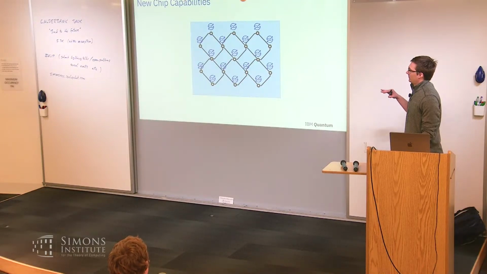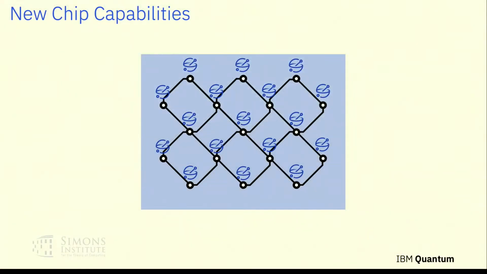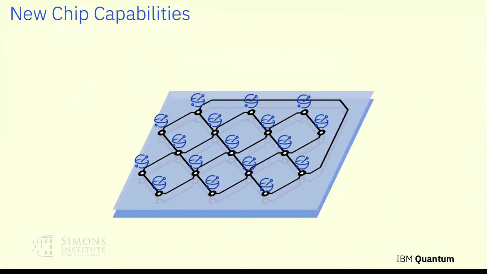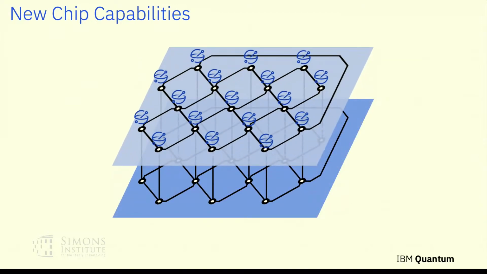Right. So these hardware improvements allow us to do a couple new things. First of all, you have to increase the degree of your qubits and also connect them at longer range. And this is actually tied to the second development, which is having a biplanar architecture. What this means, I'll get into a bit later, is that you can have couplers on essentially both sides of the chip, on the top and the bottom.